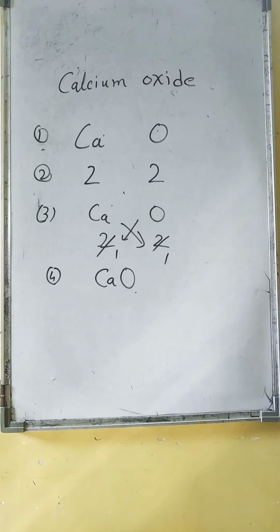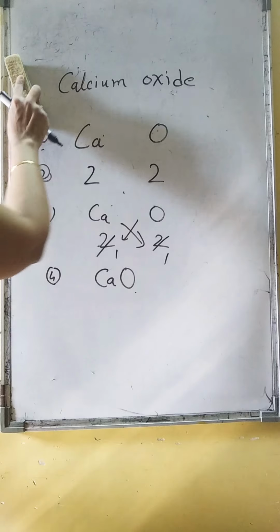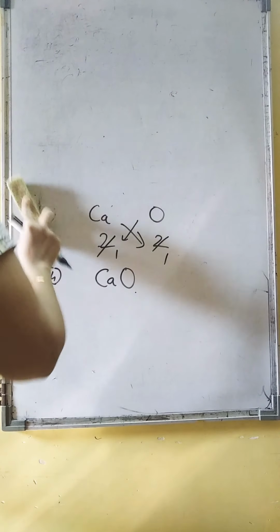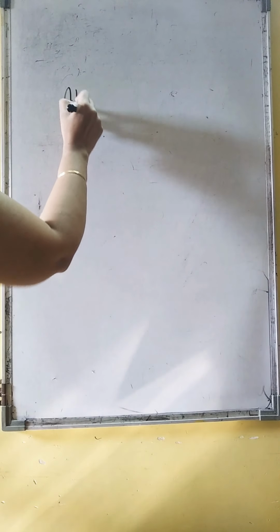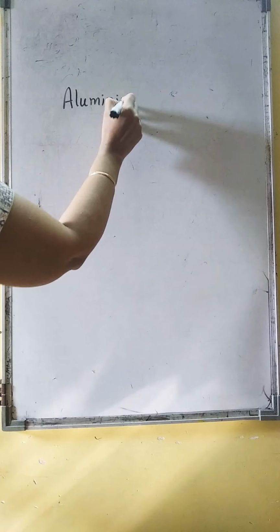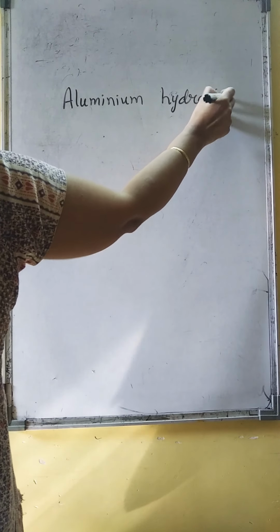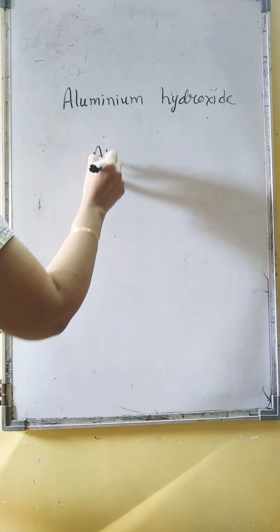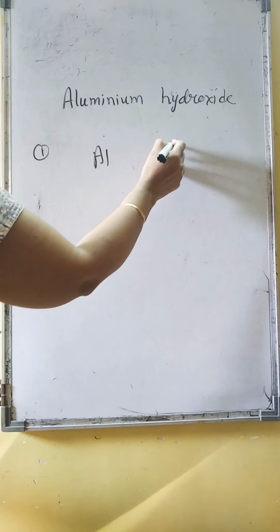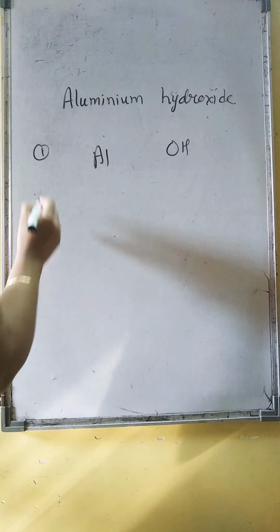Now next, aluminium hydroxide. The last one is aluminium hydroxide. Aluminium, we have Al, hydroxide is OH.